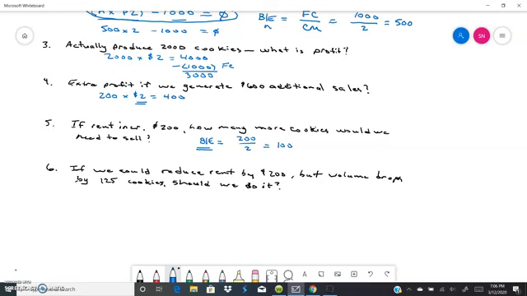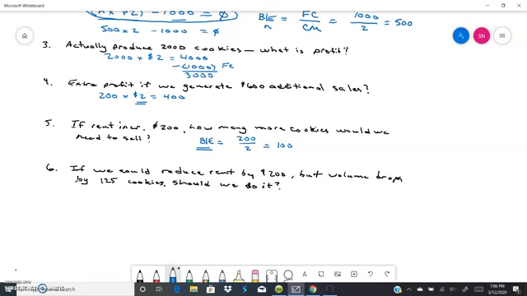And finally, if we could reduce the rent by $200, but our volume drops by 125 cookies, should we do that? In other words, let's say we could find a cheaper location, but our volume would drop because there's less traffic. Should we do that?